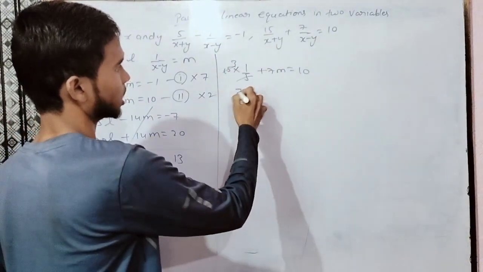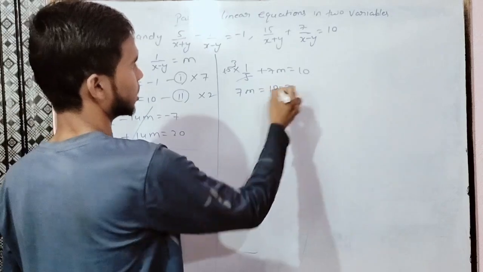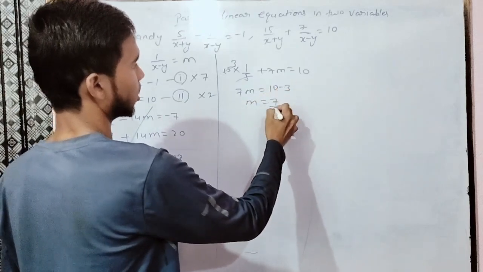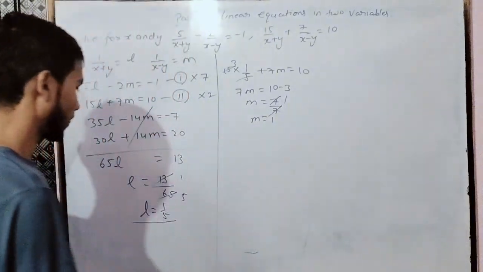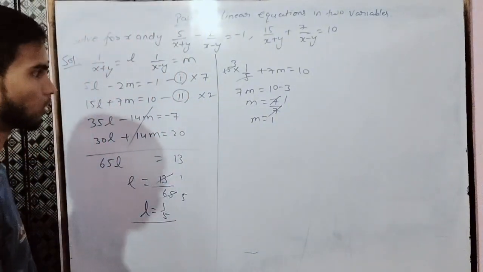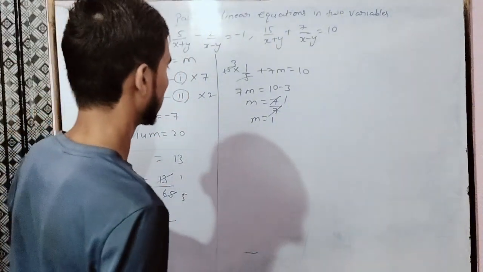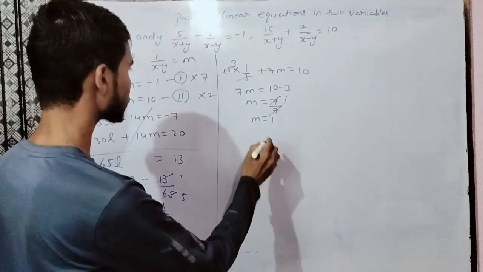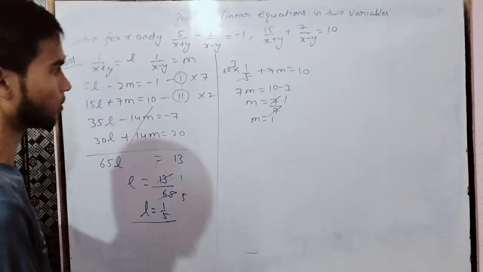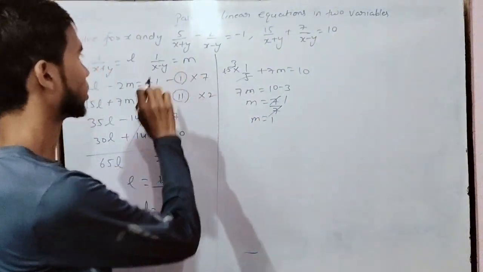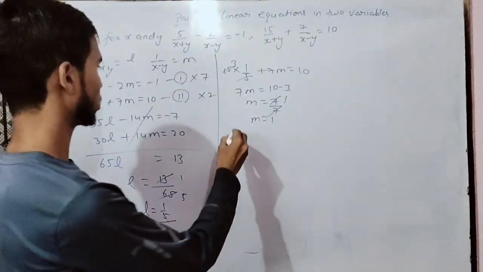So can we write 7m is equal to 10 minus 3? So 7 upon 7, m is 1. l was 1 upon 5, m is 1. Now as we know, this is equal to 1 upon x plus y, and this is equal to 1 upon x minus y.